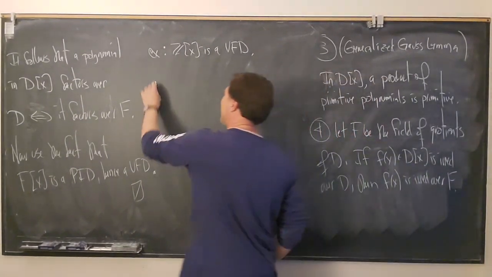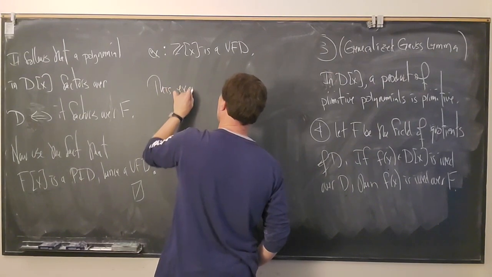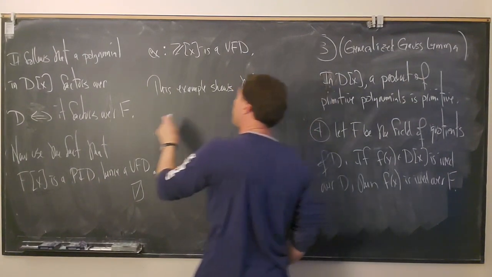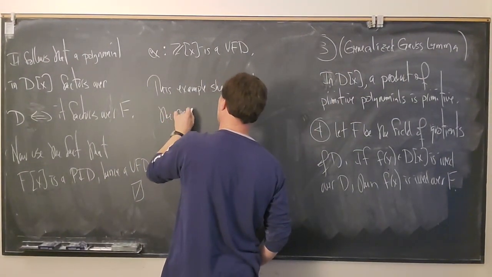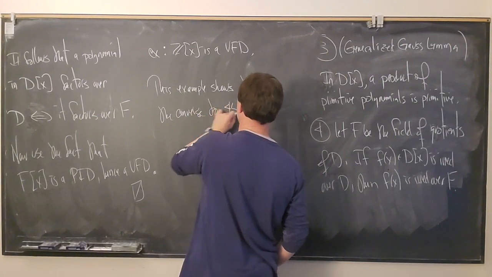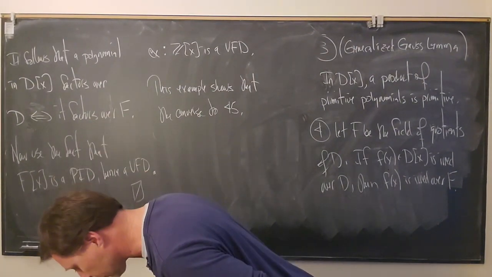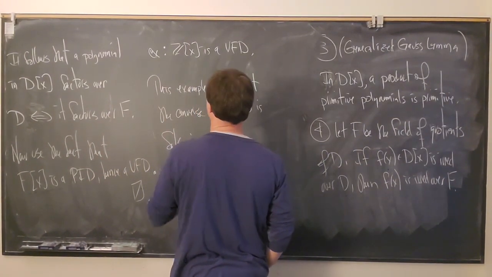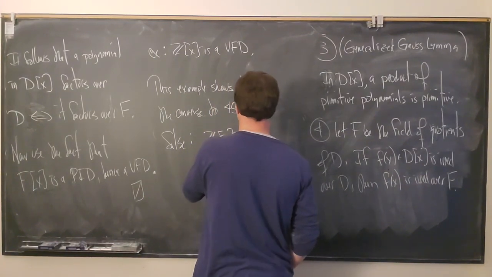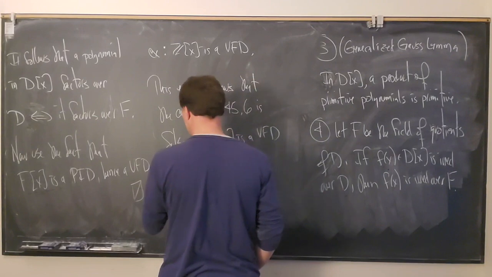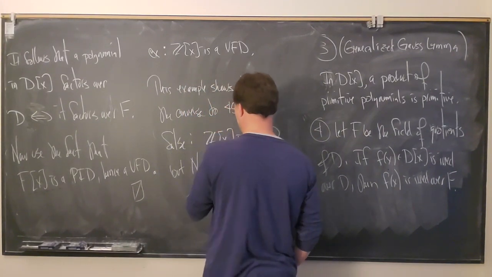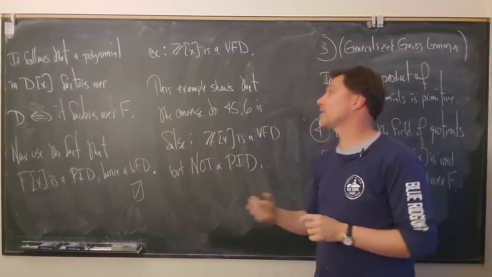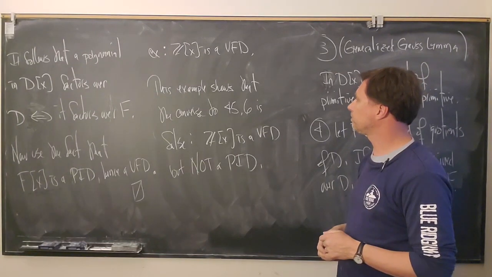So this example shows that the converse to 45.6 is false. Z[x] is a UFD, but not a PID. So we know PID implies UFD, not necessarily vice versa. There's your example.